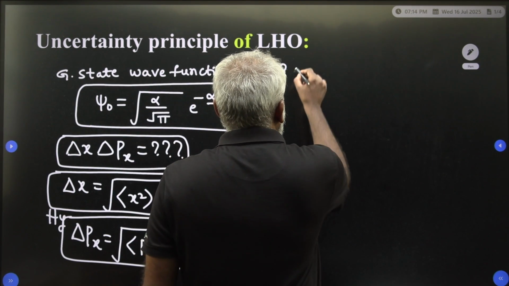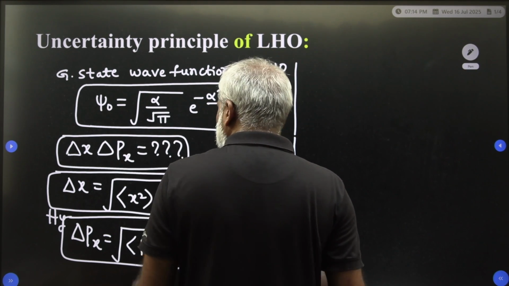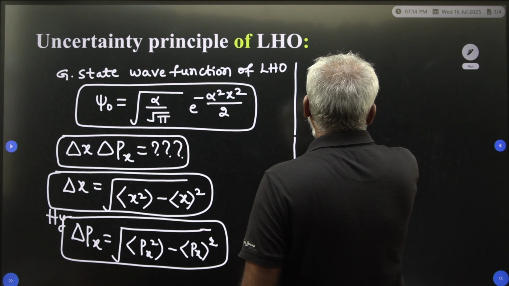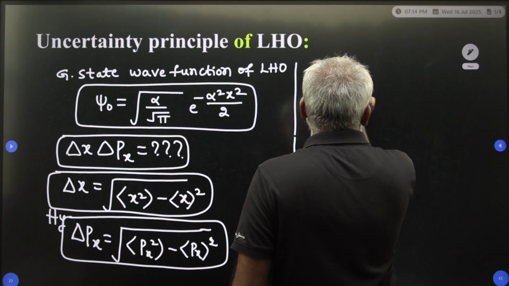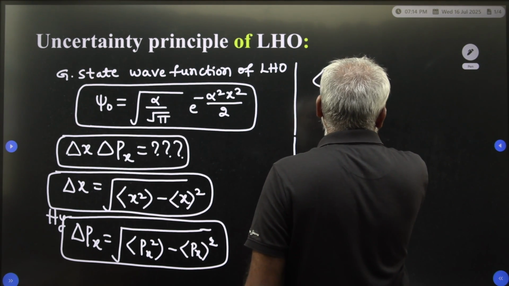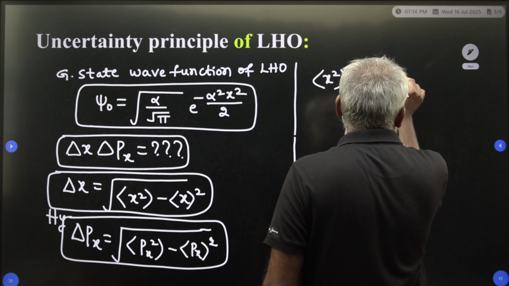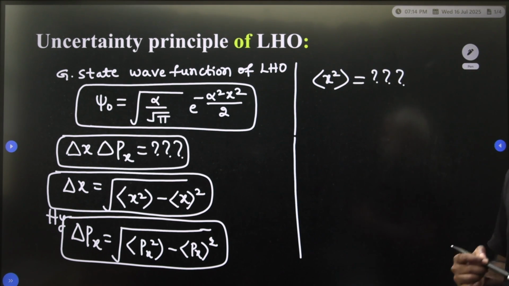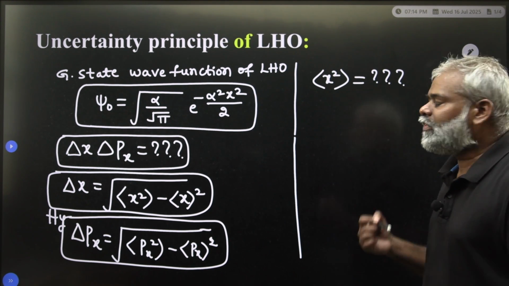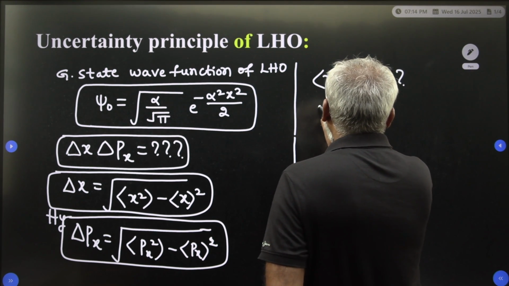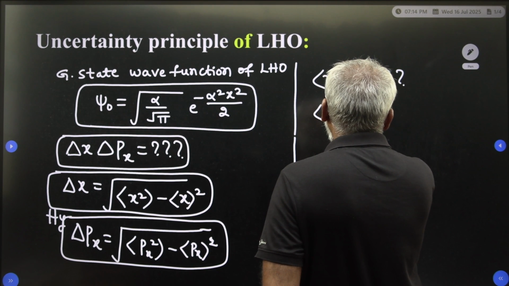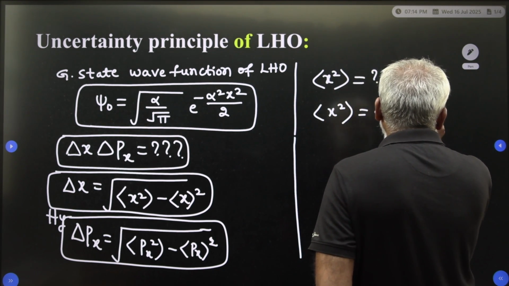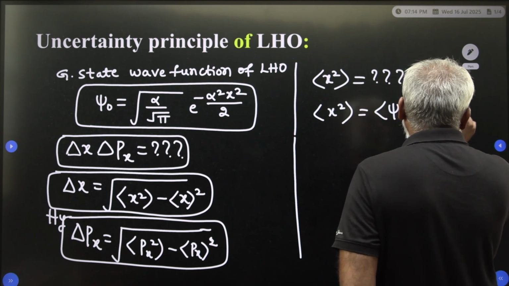First, one thing we have to calculate. To find the uncertainty in the position, we first need to calculate the expectation value of x square. How are we able to calculate it? The expectation value of x square is equal to bra psi 0 into x square into ket psi 0.